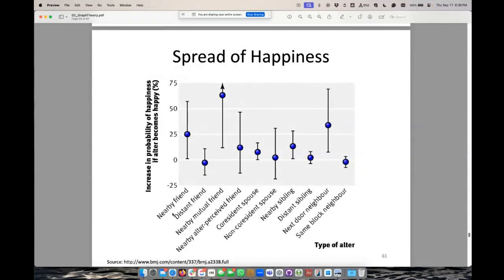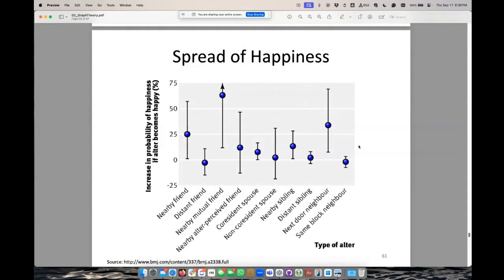So the respondents mentioned either a nearby friend, a distant friend, or a nearby mutual friend, or nearby alter perceived, so alter thought that they are the friend, but ego may not have thought that, right? Again, directed undirected networks. Co-resident spouse or non-co-resident spouse, nearby siblings, distant sibling, next door neighbor, same block neighbor, and so on, right?